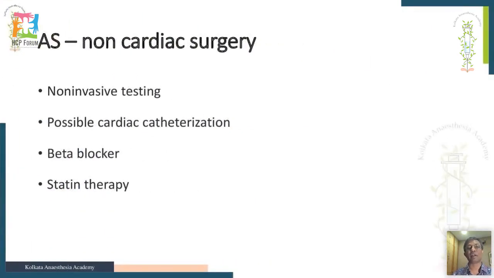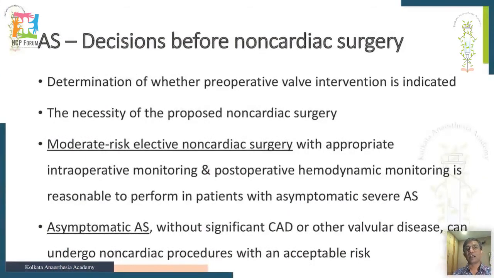If they're not symptomatic and you think that this person will benefit from the non-cardiac surgery, then with appropriate monitoring into the post-operative period, asymptomatic severe AS may be taken up. Asymptomatic AS without another valvular disorder and a significant coronary artery disease may be taken up with increased risks for a non-cardiac procedure.